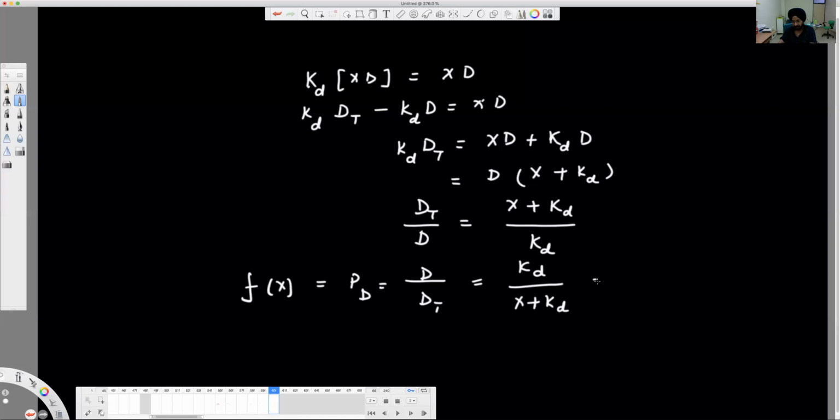To get the typical Hill's equation, we take the Kd common in the denominator, so this becomes x by Kd plus 1. So this is your typical Hill's equation now, which is 1 by x by Kd plus 1.